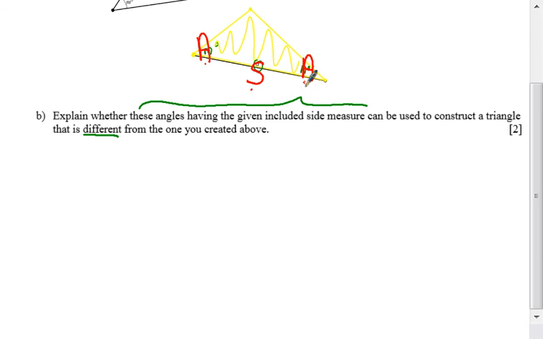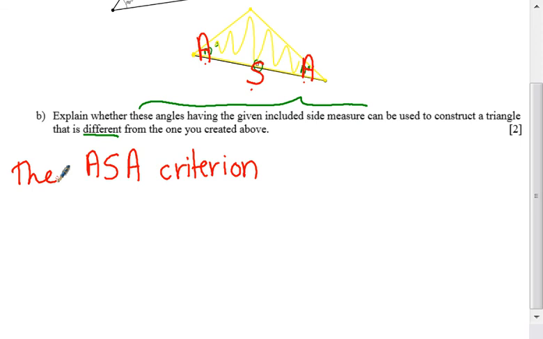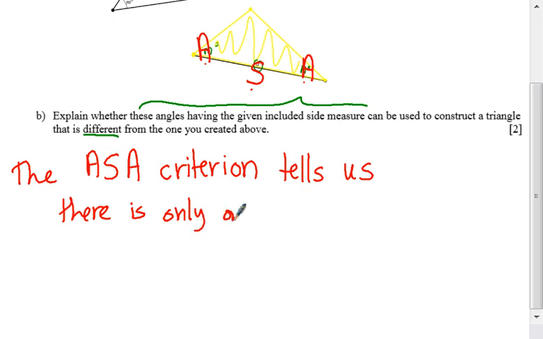And we know, according to the ASA criterion, the ASA criterion tells us there is only one shape with these measurements.